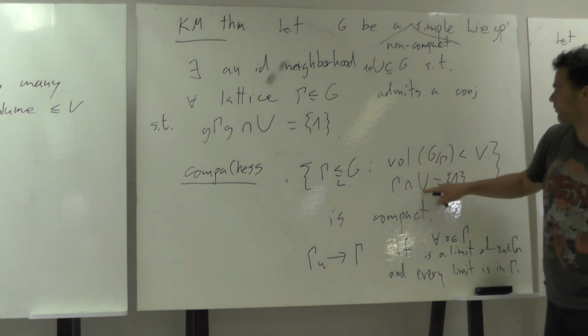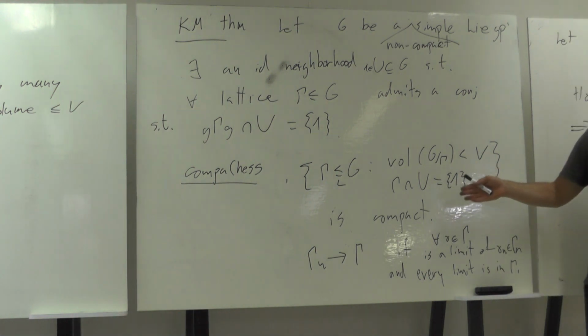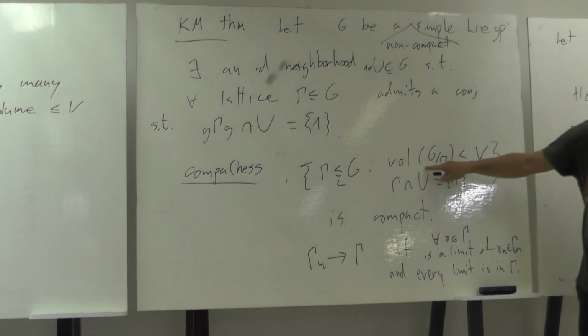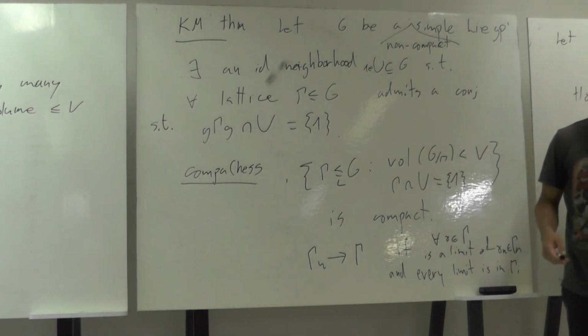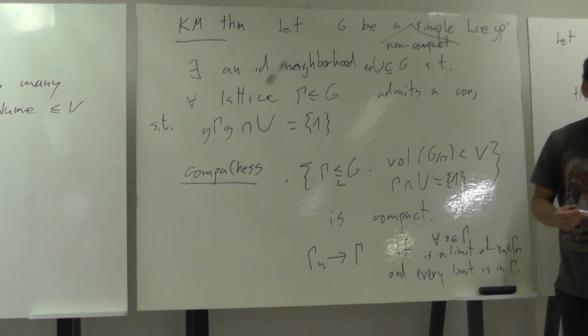You see that if you look only at subgroups that intersect U trivially, then the limit will also intersect U trivially, or maybe a slightly smaller set trivially, if U is open. So it will still be discrete, and this condition also goes to the limit. The co-volume of a lattice in the limit can only reduce, it cannot be larger.